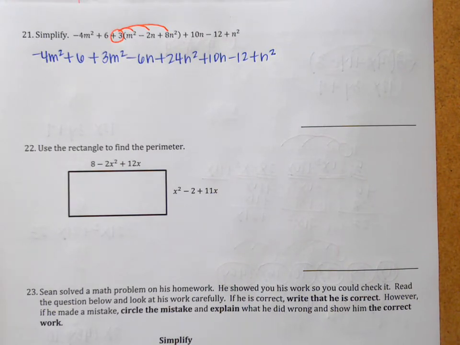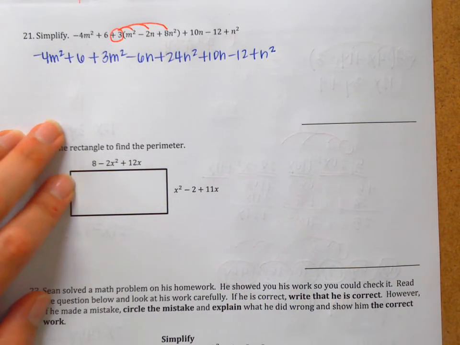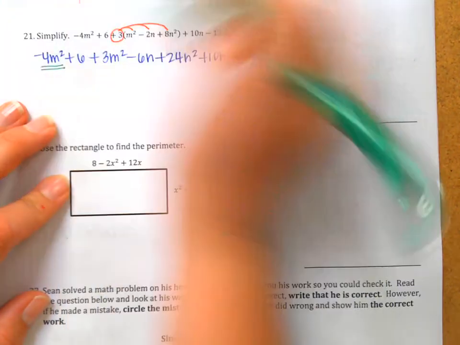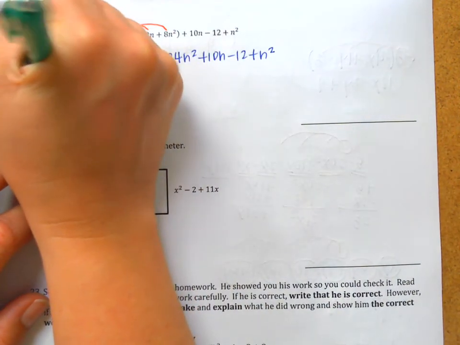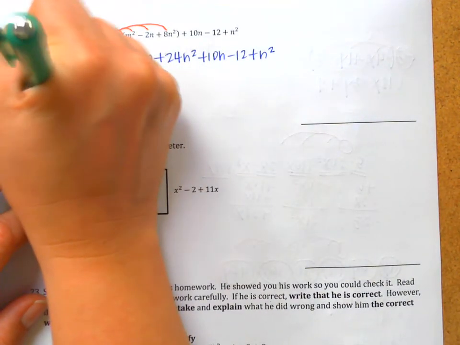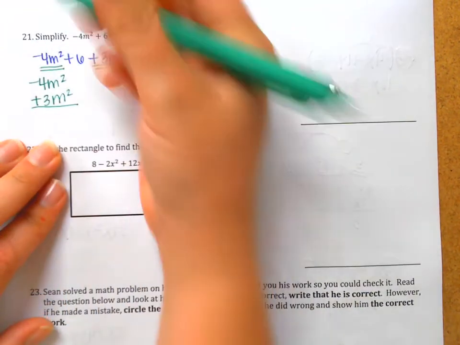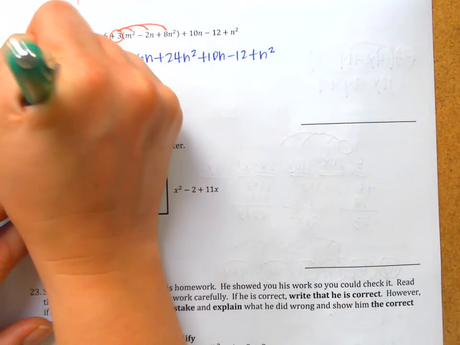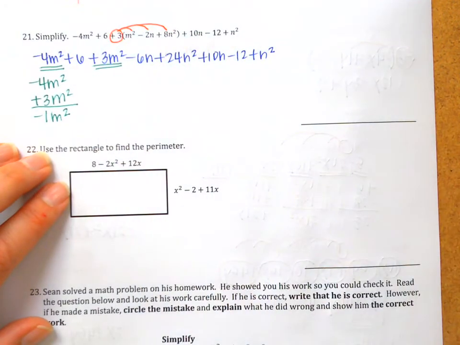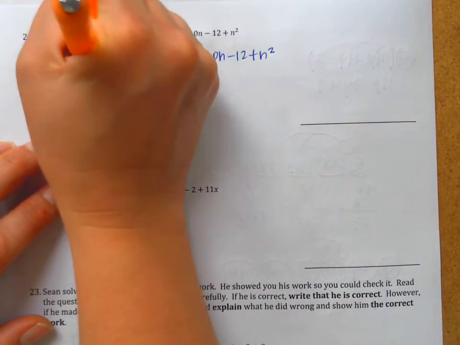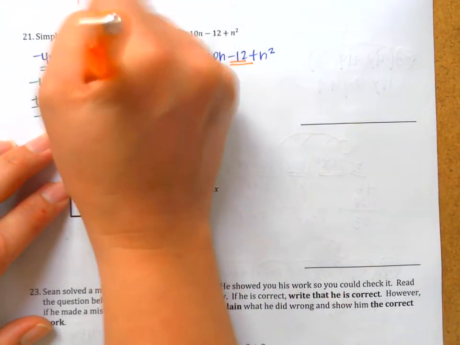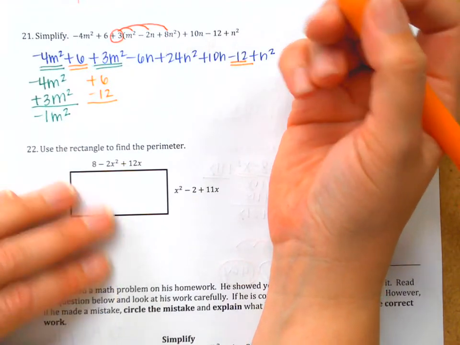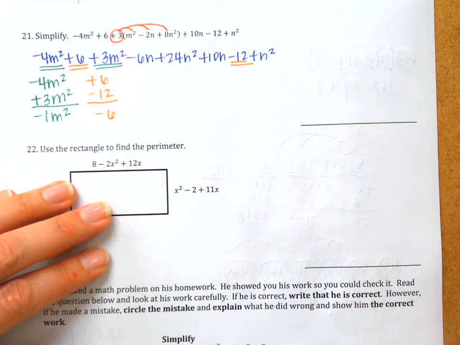With this one, because there's so many, I am going to keep it organized and do my columns like I do. So negative 4m squared can combine with 3m squared. I think that's it, yep. So negative 4 plus 3 is negative 1m squared. Keep going. So 6 can combine with negative 12. 6 minus 12 is negative 6.